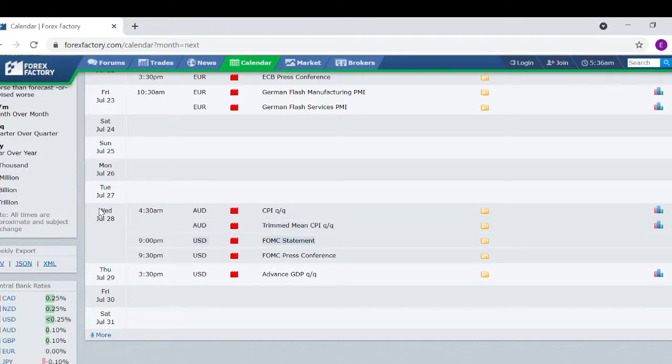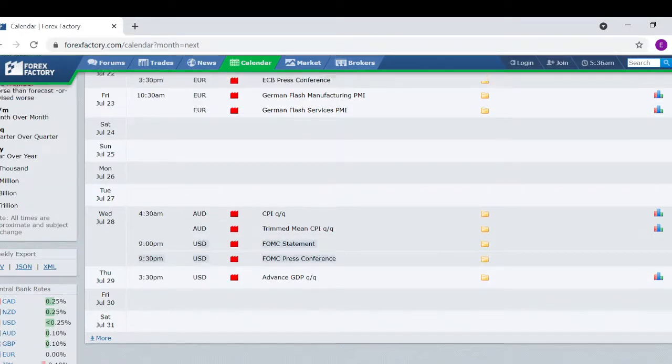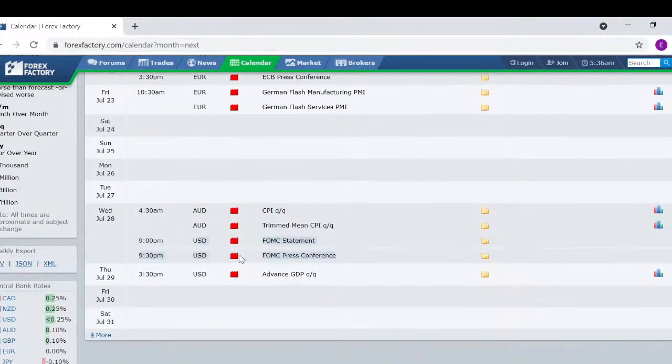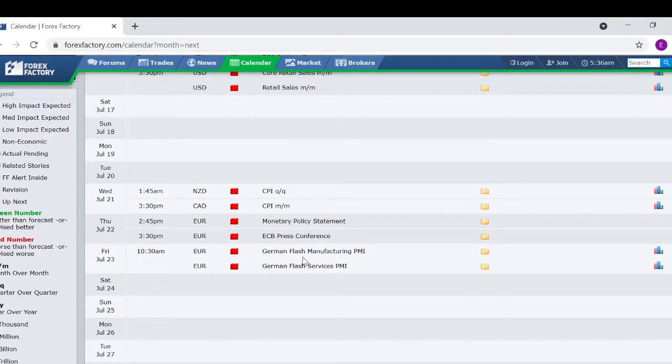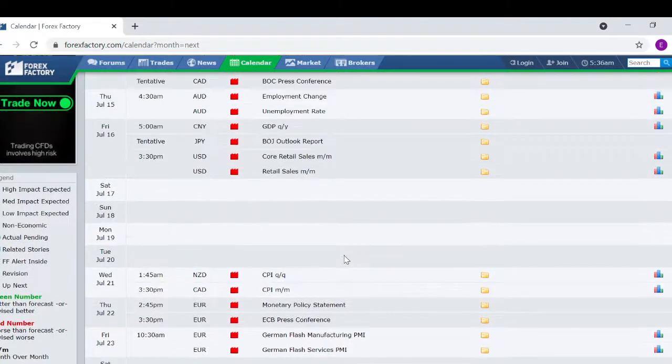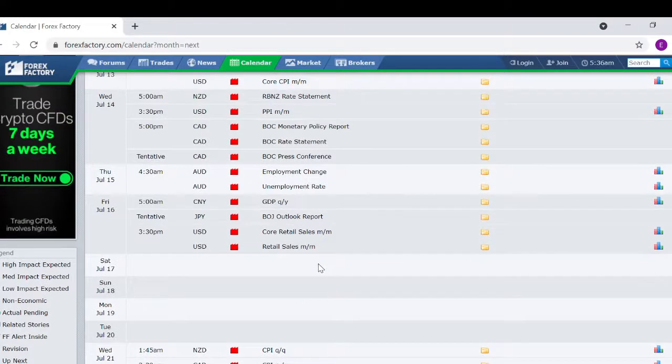So on 28th July next month, there's a FOMC statement. I will be waiting for that. So I have this one trade, and which other trade?